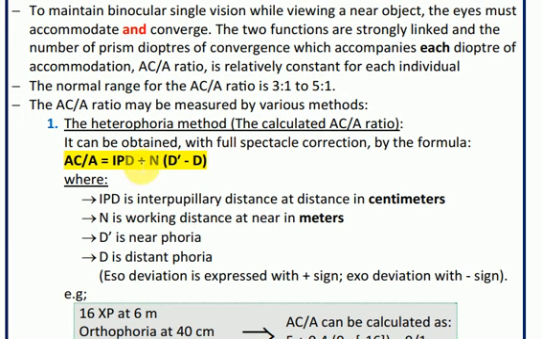IPD is the interpupillary distance in centimeters, N is the working distance at near in meters, D' is the near phoria, D is the distance phoria, or the ocular deviation at near and at distance.